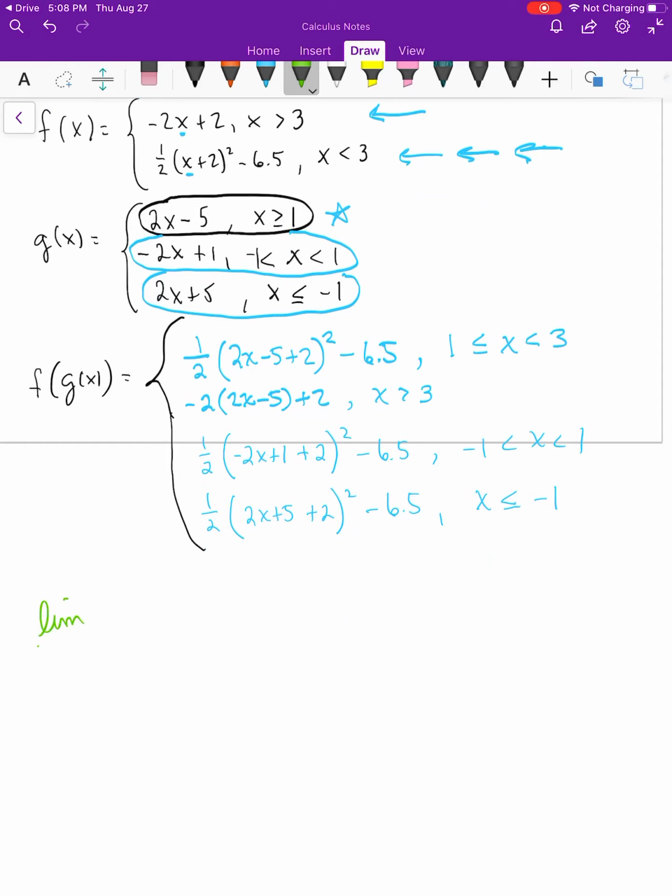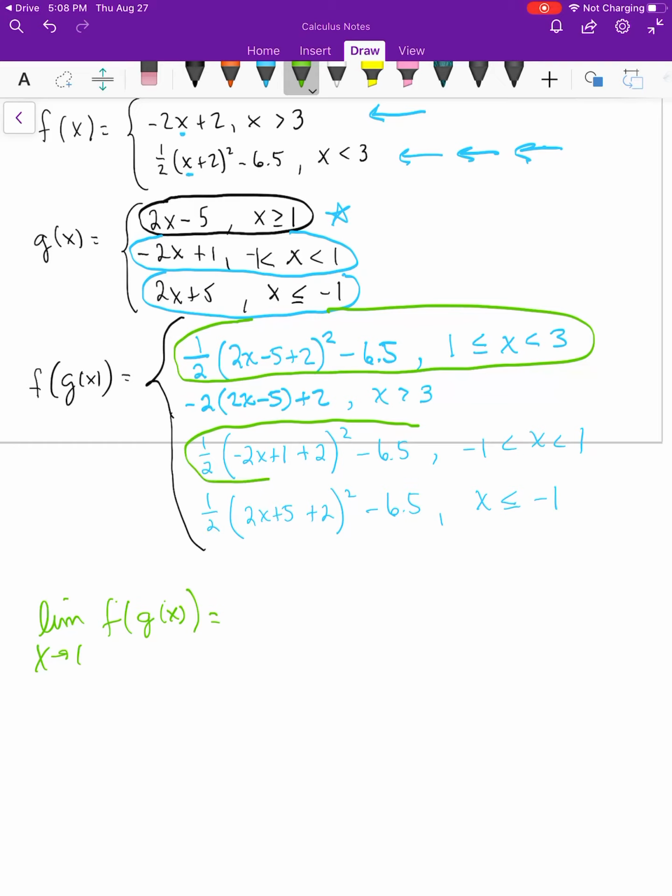Now we've got a function that we could actually look at. The only problem is that it changes functions at 1, so you have to look at both sides of it. This is where x is greater than 1, and this is where x is less than 1.